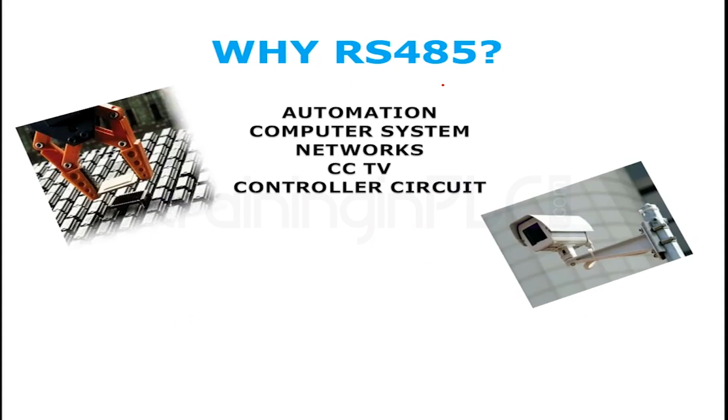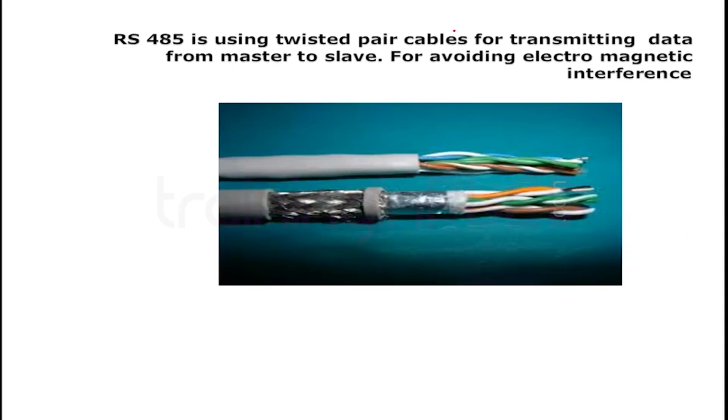RS-485 can be used in automation systems, computer systems, networks, CCTV connections and controller circuits. RS-485 uses twisted pair cables for transmitting the data, and it follows the master and slave operation.